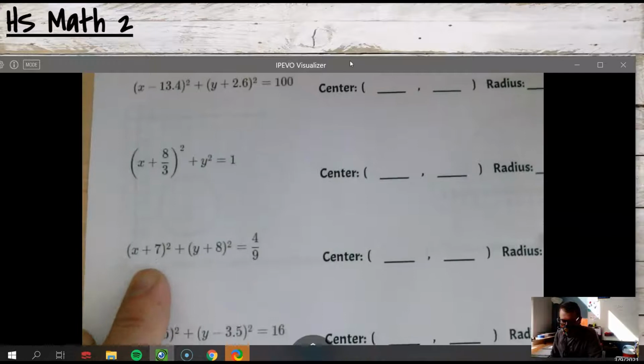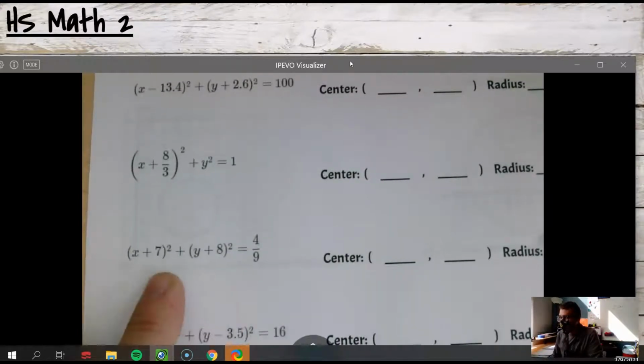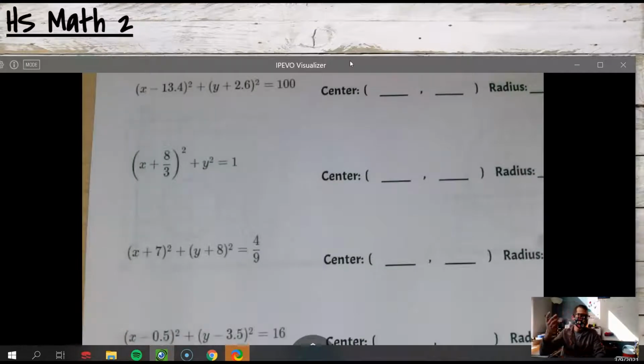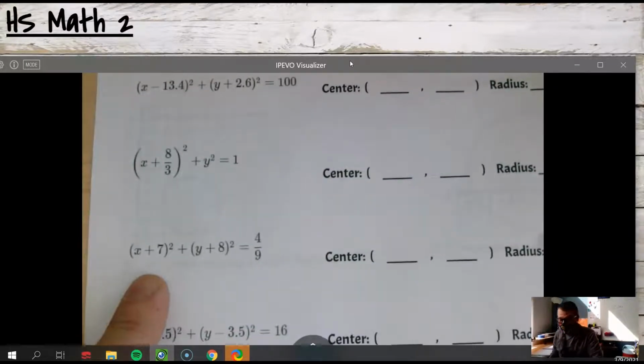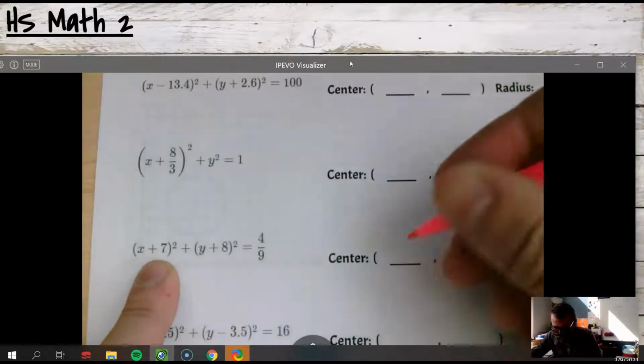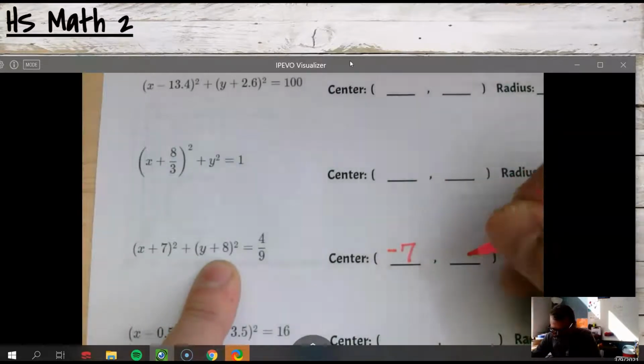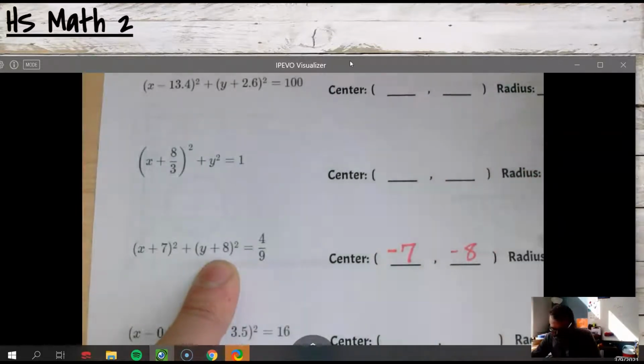When the numbers in your equation are both positive, the trapdoor is people are like, oh, the center's at 7, 8. The center is the opposite of the number shown. So it's -7, opposite of this number shown, -8.